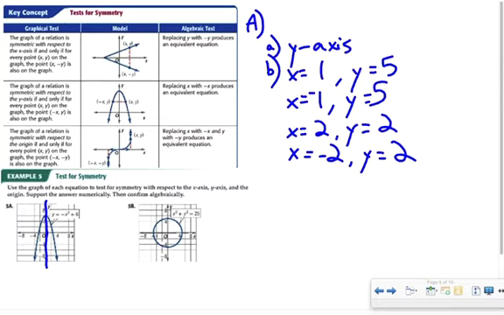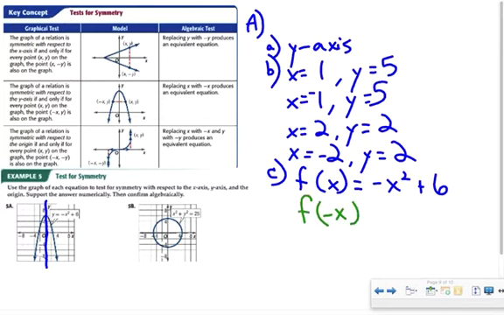So I have supported that answer numerically, and then it wants me to confirm it algebraically. And what that means is my f of x, remember, was -x squared plus 6. If it's symmetrical over the y-axis, then replacing x with -x will give me the same exact equation.